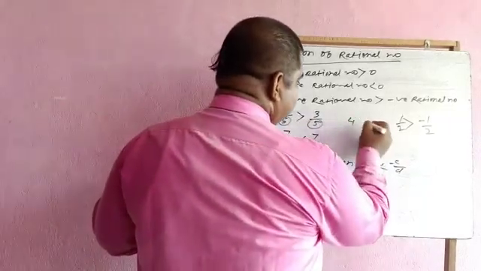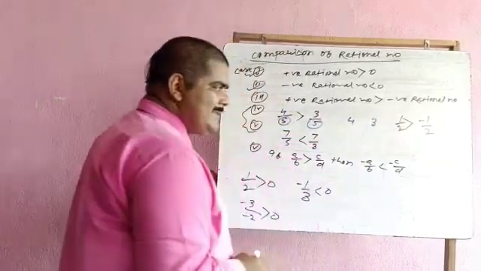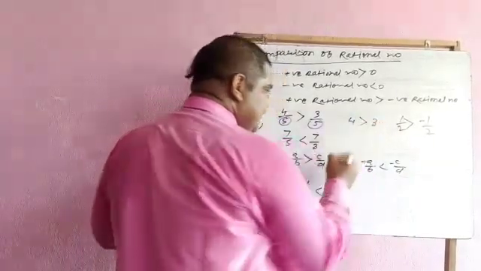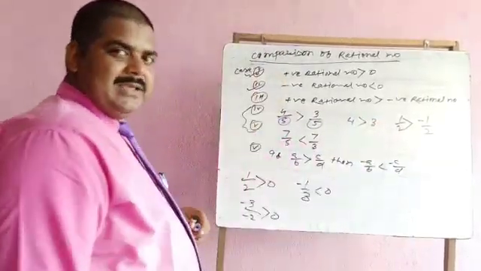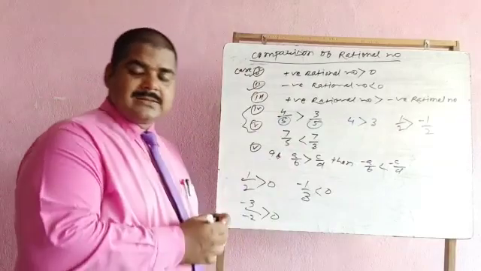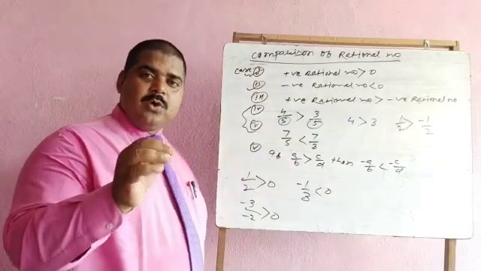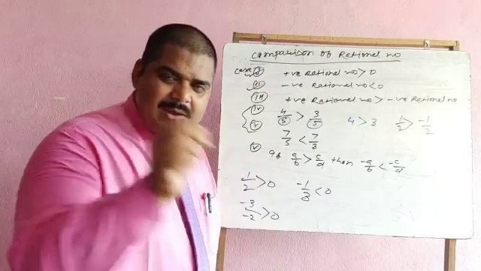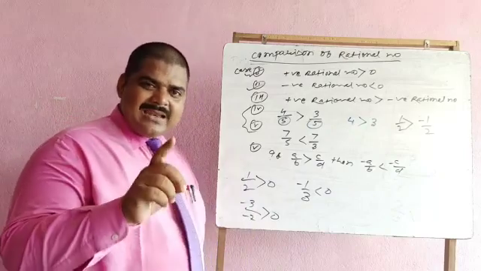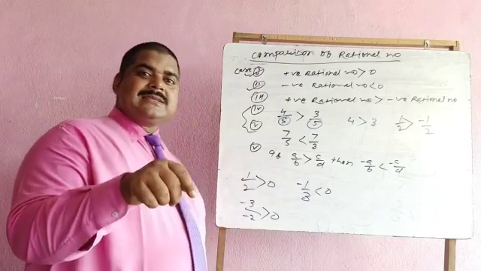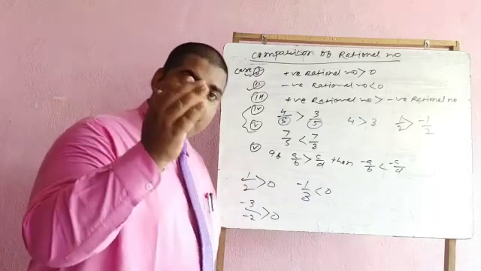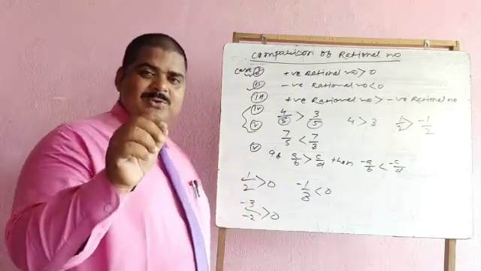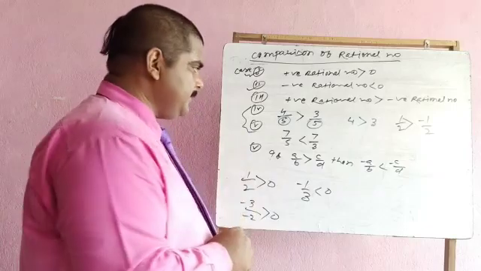If you compare 4 and 3, which one is greater? You know very well that 4 is greater than 3. So there is a rule that when two or more rationals have equal denominators, then the rational number whose numerator is greater is considered larger.